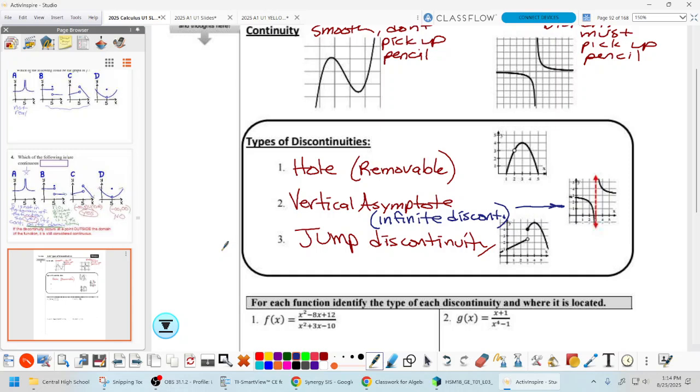So do you recognize these from Algebra 2 and Pre-Calc? This is called a piecewise function, and we didn't do that in Algebra 2. I don't know if you did it in Pre-Calc. Do you guys remember doing the piecewise ones? Yeah, I don't think so. Okay, off to the side maybe. These are non-removable.